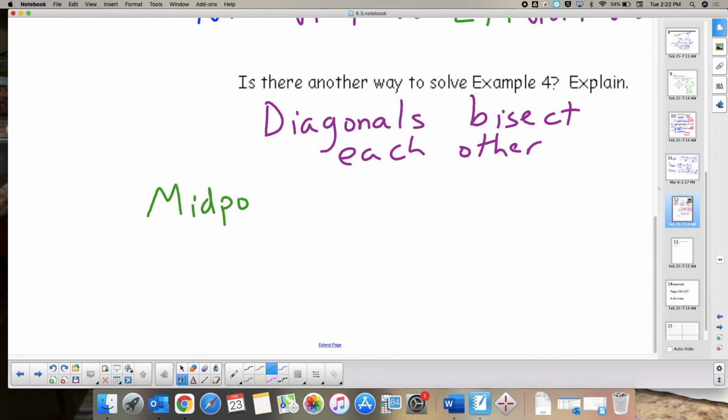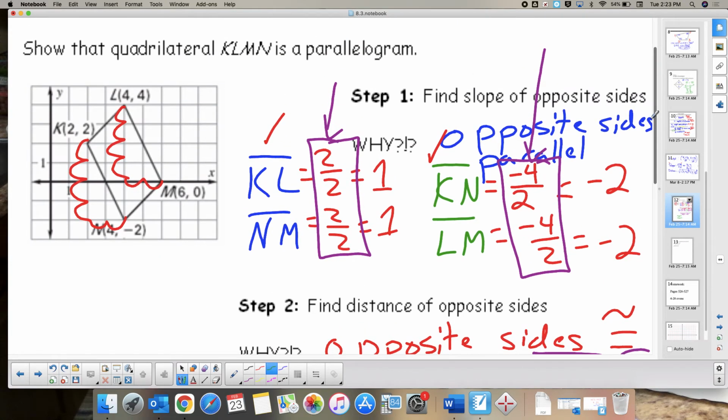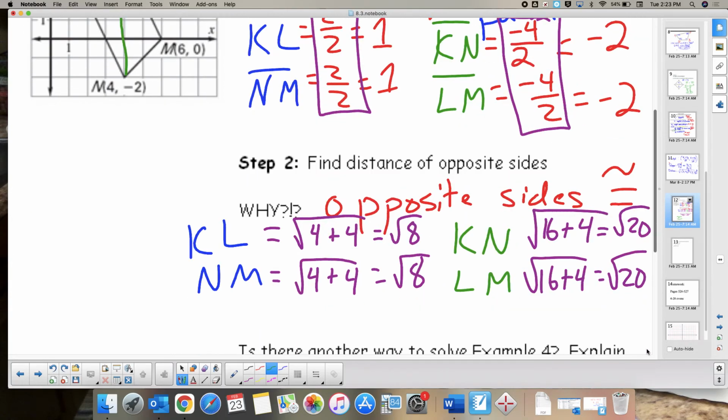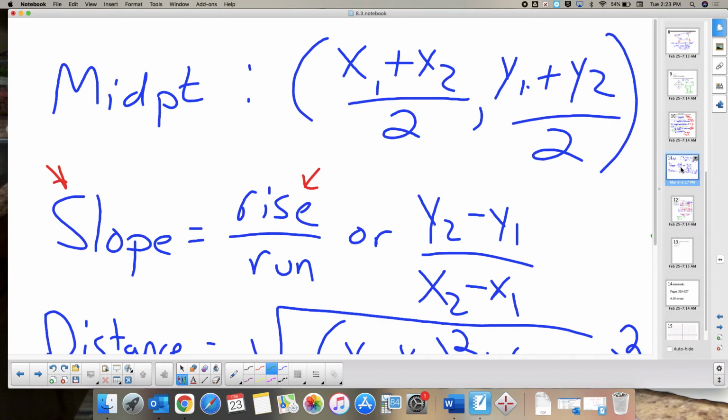We need the midpoints of our diagonals. If I go up and look at my figure, one diagonal would be LN. So if I come down finding that diagonal LN, my midpoint formula says we add our x's and divide by 2.